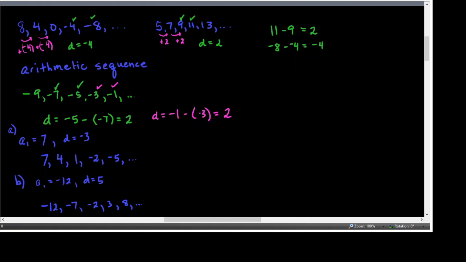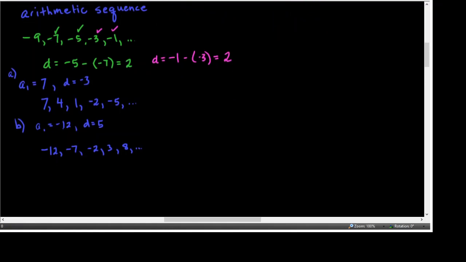Let's pick the one that's 5, 7, 9, 11, 13. And I want to talk about how those occur. So a sub 1 is 5. And to get to a sub 2, we would add 2. This is the example from up above to get our new answer.